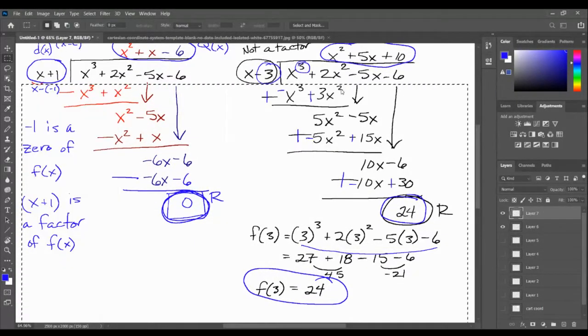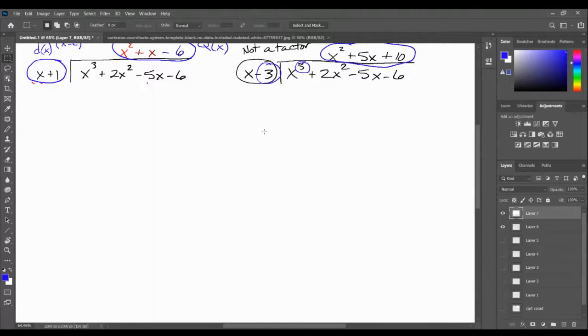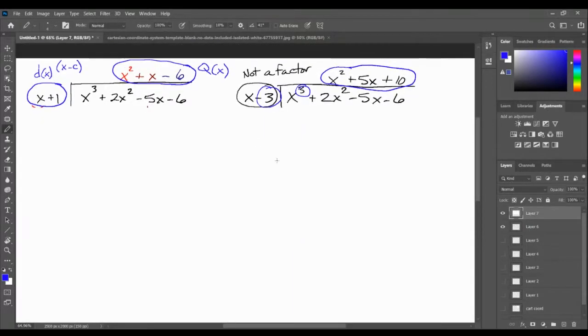If I do this right, I'll have some space where I can write, and you'll see that we'll get the same result. And I want to write the remainder up here as a reminder. This was a remainder of 24, and this was a remainder of 0.